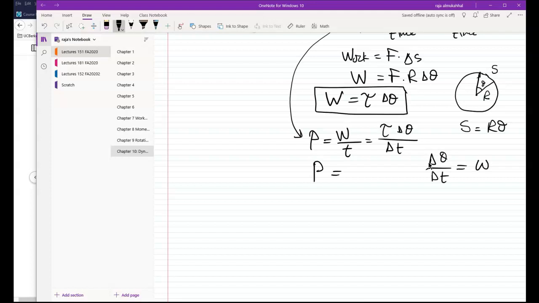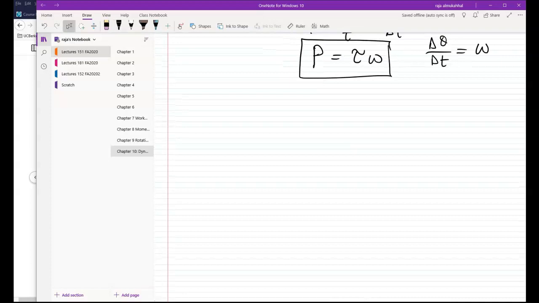So therefore, power is omega tau, or tau omega. Okay? Keep it handy. That's all. I'm going to do a problem from the homework regarding power, so I'll come back to it. It's a very simple concept. I'll come back to it.